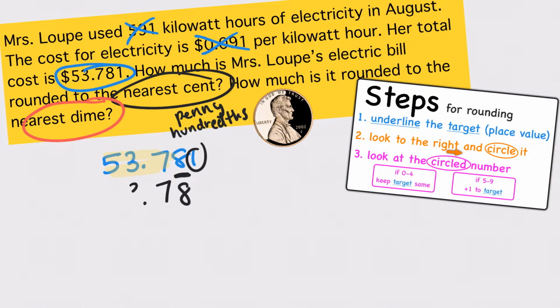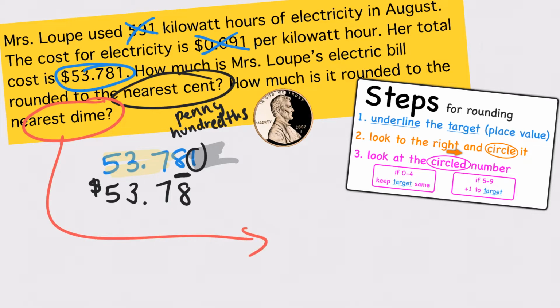So the 7, decimal, 3, and 5 all come straight down. And that's our answer because everything to the right gets left behind. If we wanted to bring something down there, we would bring a 0, but it's not necessary, so I'm going to go ahead and remove that. So rounded to the nearest cent, her electric bill is $53.78.